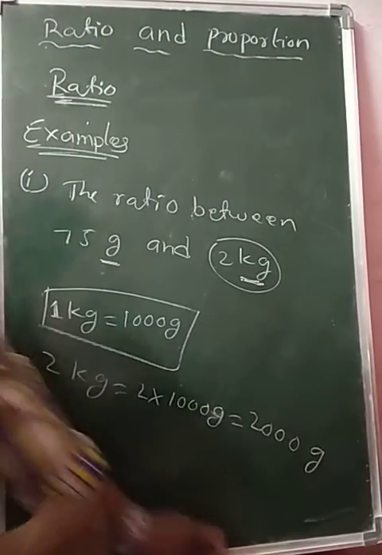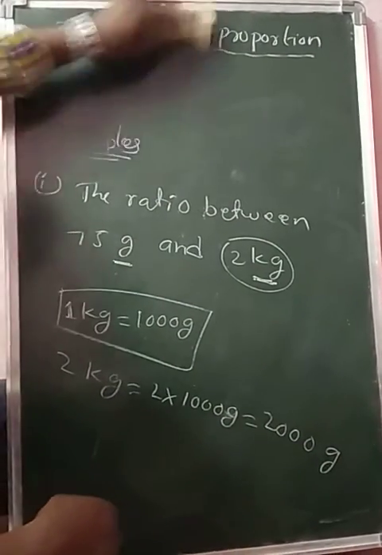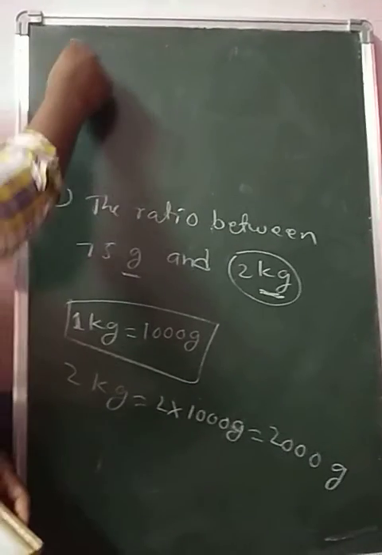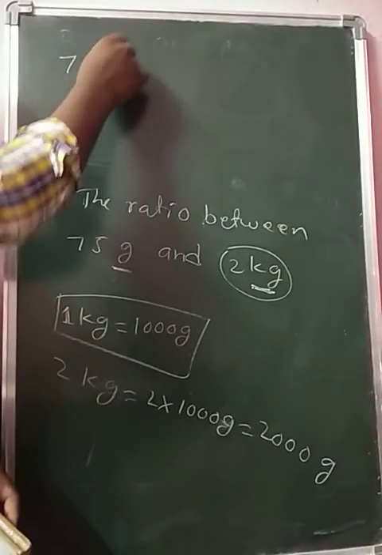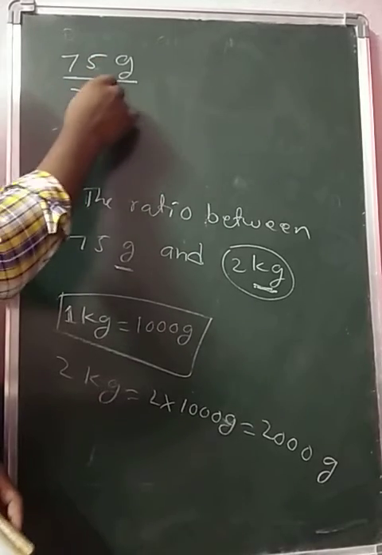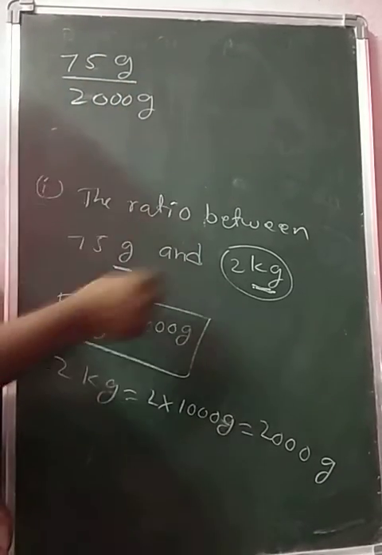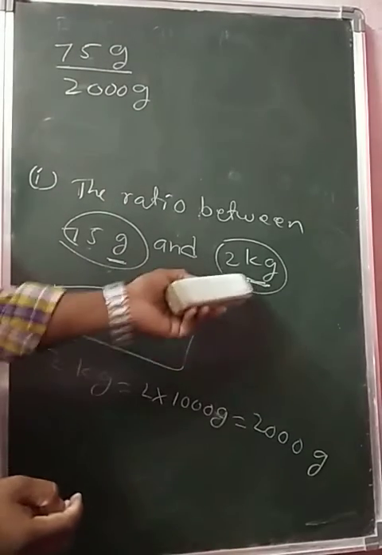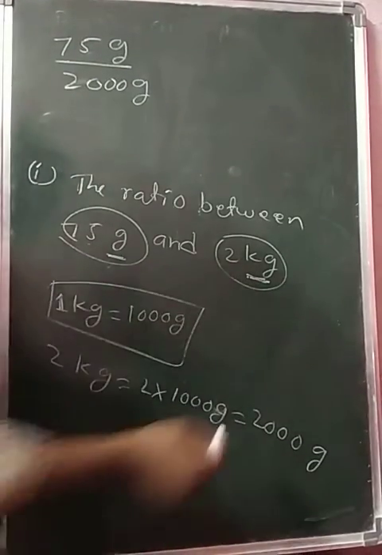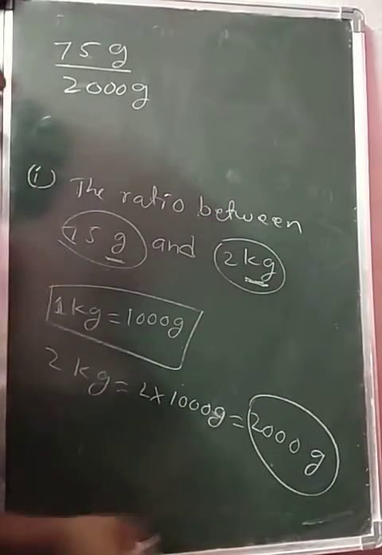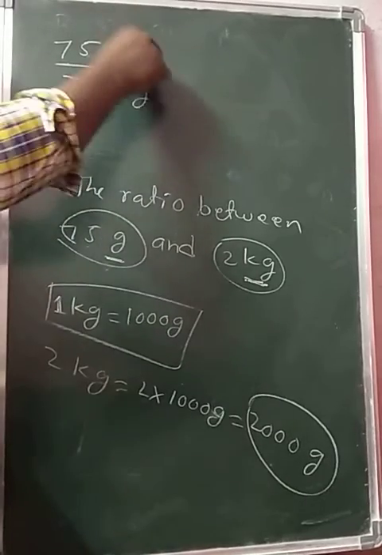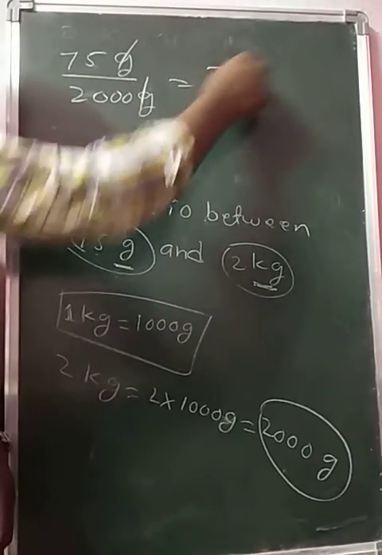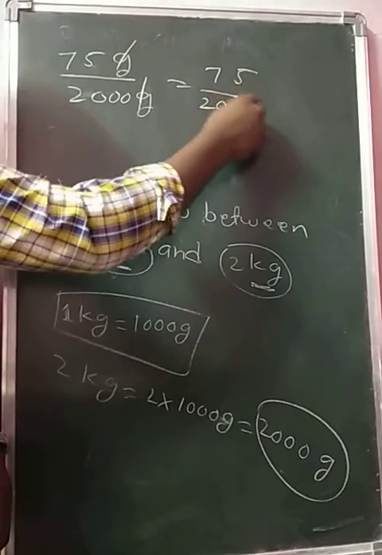Now I write 75 grams by 2000 grams. 75 grams we write as it is, and in place of 2 kg we write 2000 grams. Now grams cancel. See here, 75 by 2000.